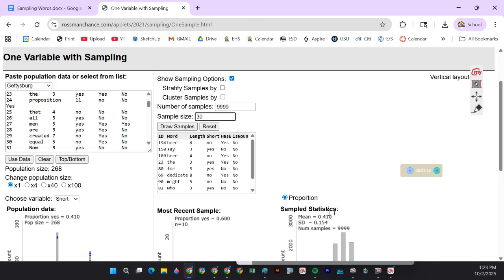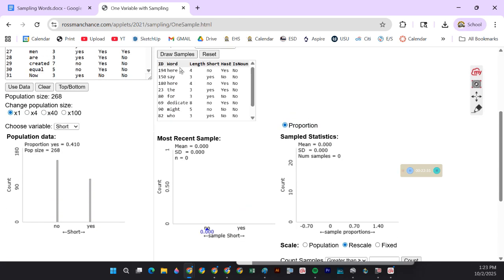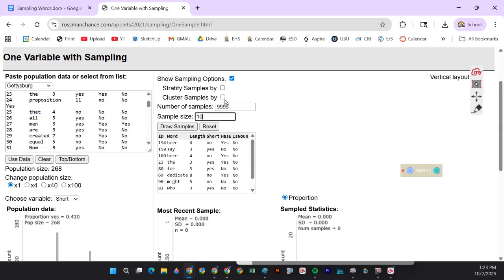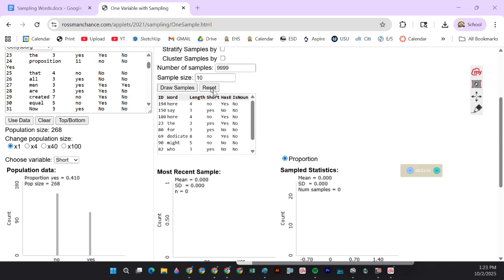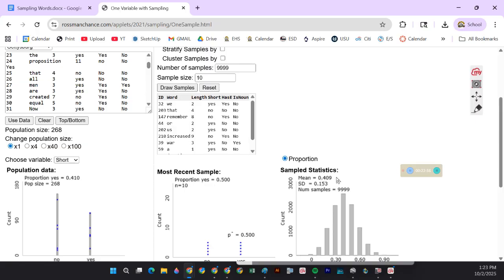What is that going to change over here? And again, don't do it. Oh. Make them smaller. Make what smaller? So let's draw the original samples. Is my suspected average going to be different than 0.41? Or do I expect it to change? So what we're saying is, if you pick 10 words at random, you should get about 41% yeses, 41% small words.